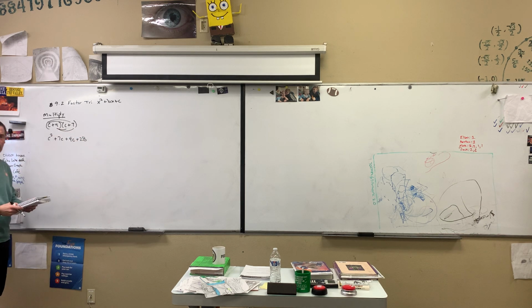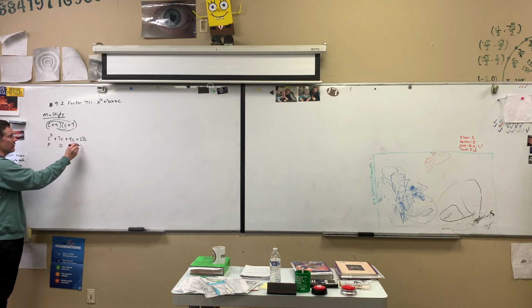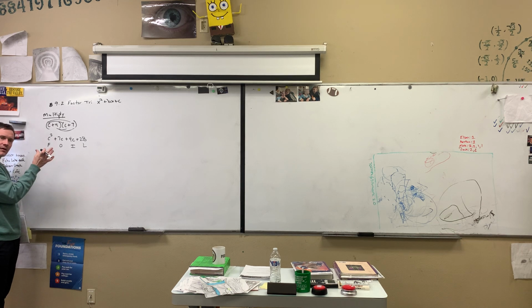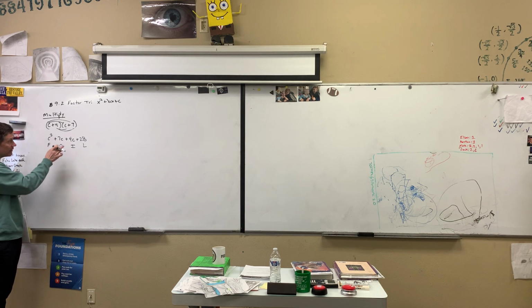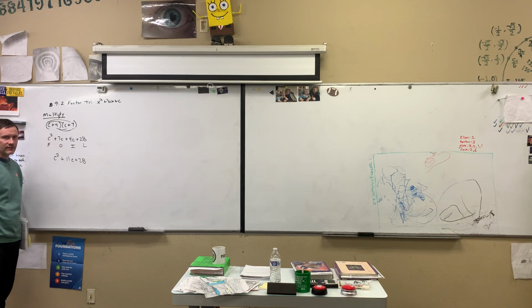When we do the FOIL method, we say the first term, outer term, inner term, last term. First, outer, inner, last, right? Then we combine, if we can, our outers plus our inners, and we get c squared plus 11c plus 28.